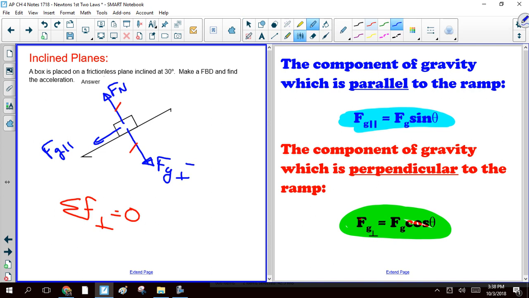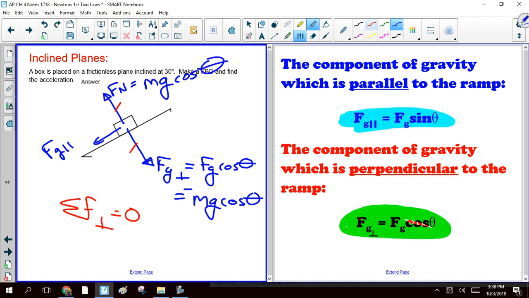So this Fg perpendicular is just going to be Fg times the cosine of theta, right? And Fg is just mg, right? Mass times 9.8 cosine theta, and it's in a negative direction, right? So that means my normal force must be positive m times g times cosine of theta. So those guys cancel out.